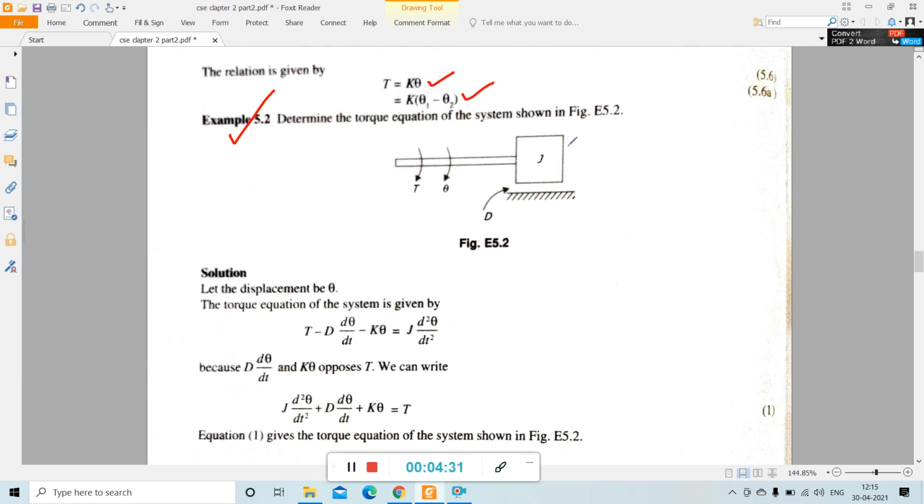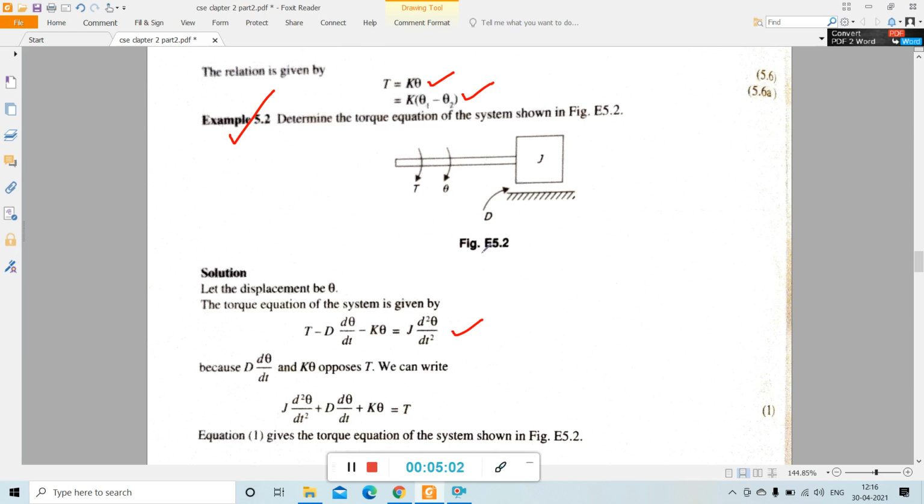See, this is inertia J, damper D, angular displacement theta, and torque T. We can write T equals J d square theta by dt square, but the damper and the spring force will oppose this torque. So T minus D d theta by dt minus k theta is equal to J d square theta by dt square.